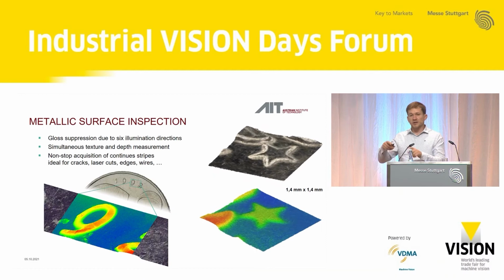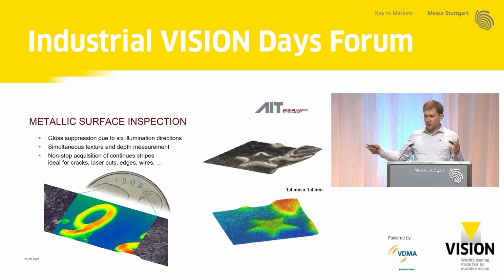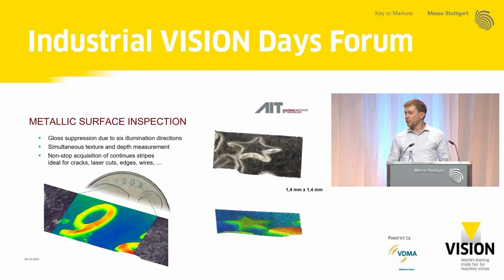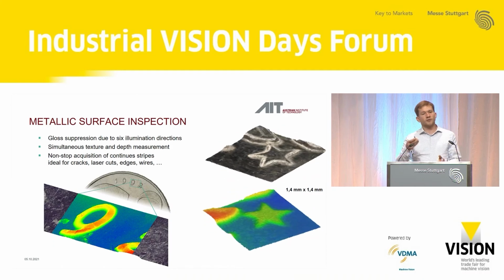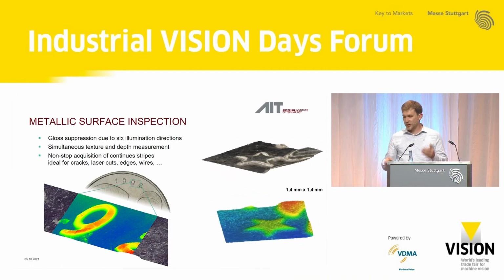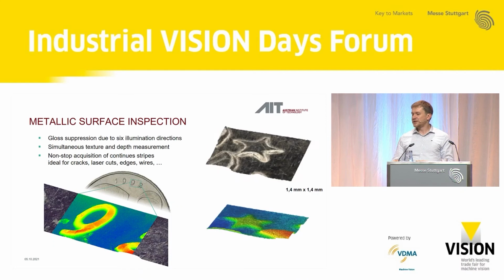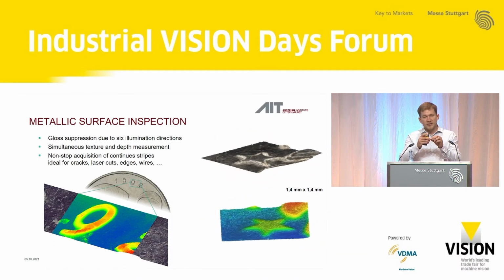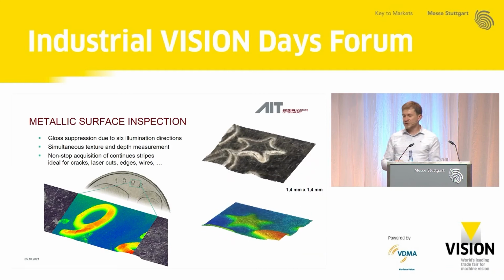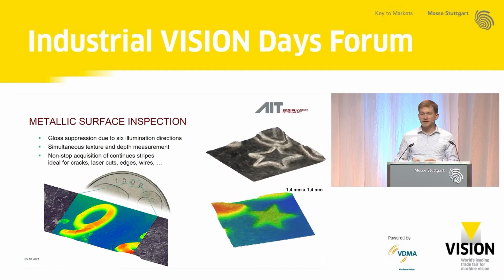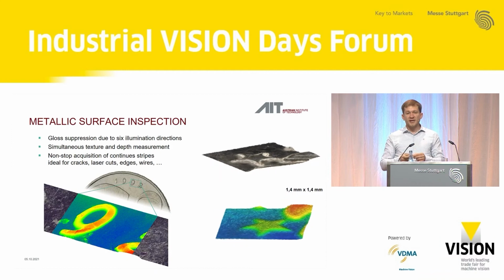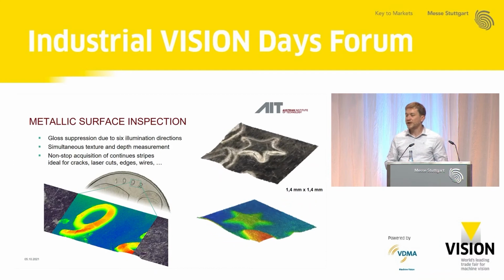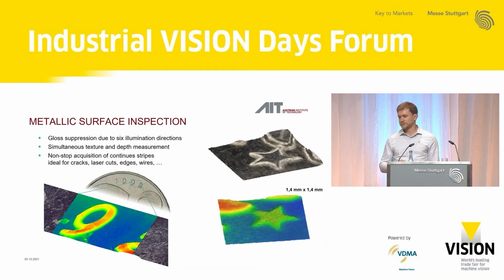So it's just another rendering in the 3D representation if you want to visualize it in a color depth map, or if you want to have gradient images or albedo images. And here you can see the level of details on this example on parts of a coin. And you see it's very resilient to specular reflections and gloss, which you typically have in metallic inspection.